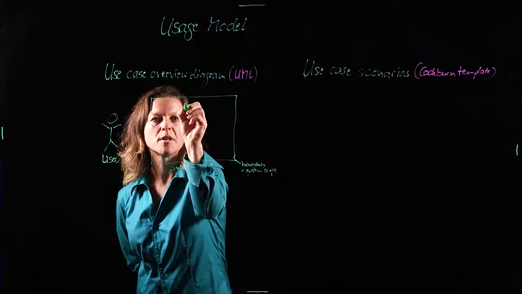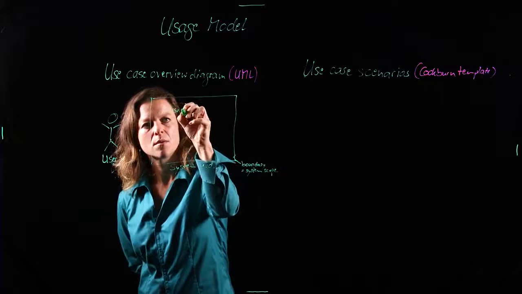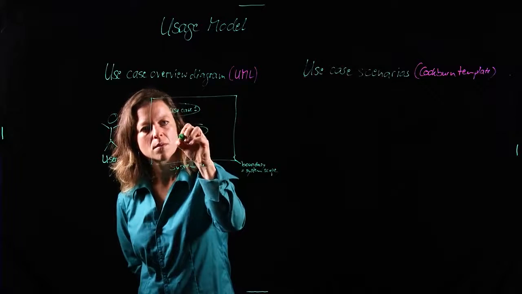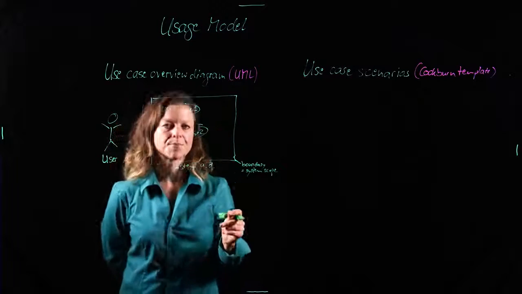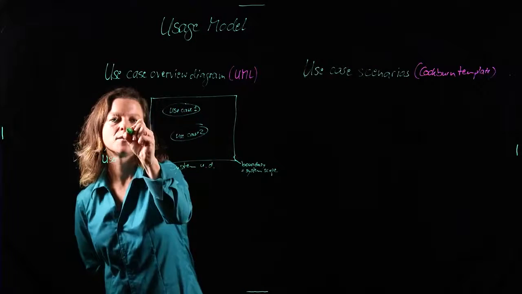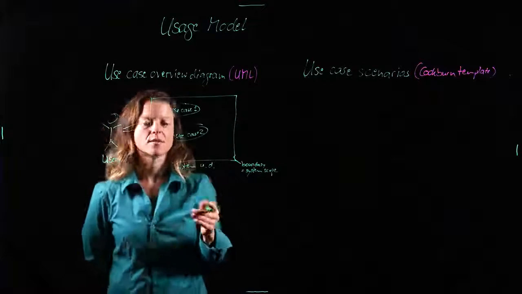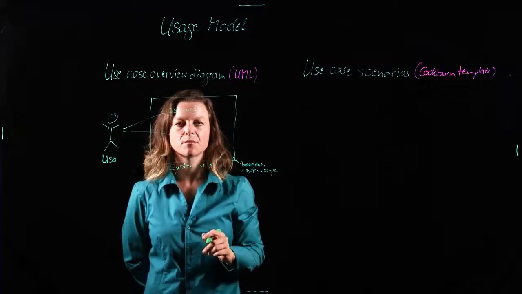And then in here we have the use cases. And then we have a straight line from a user to a use case that denotes that this user can carry out that use case.